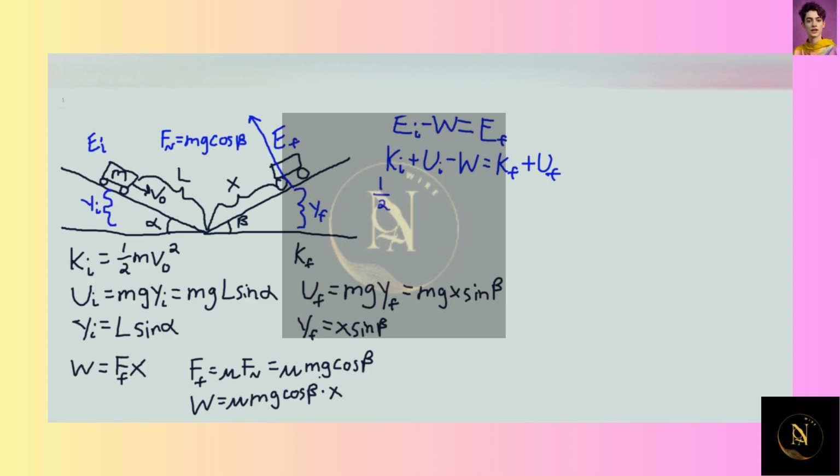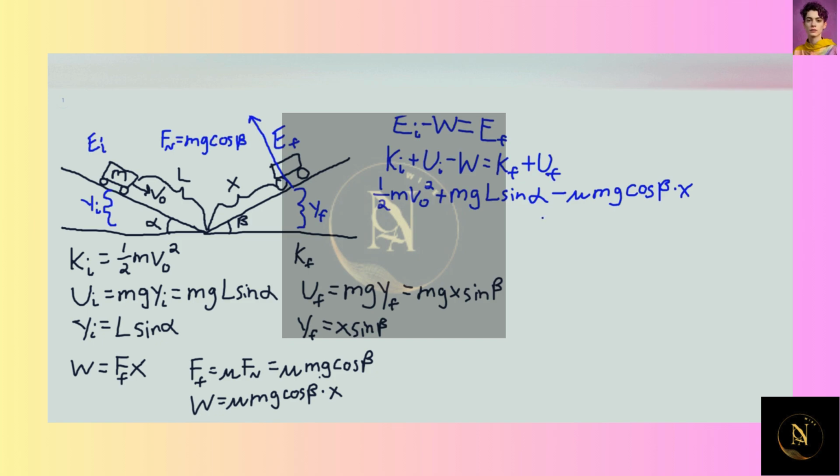So we have 1/2 mv naught squared plus the initial potential energy, which is mgL times the sine of alpha, minus the work that's done, which is mu times mg times the cosine of beta times x.